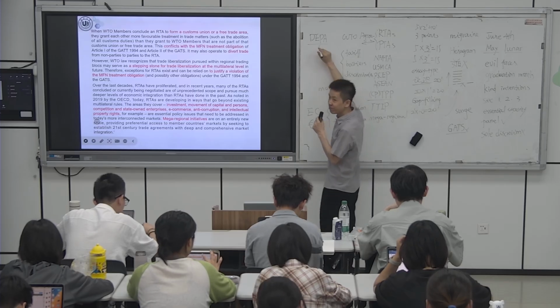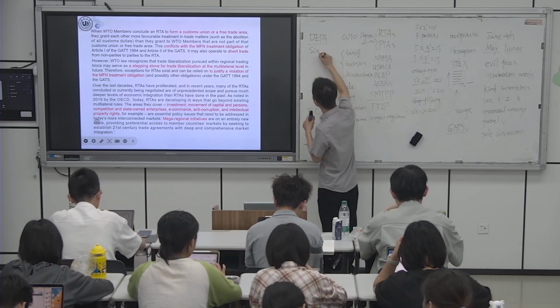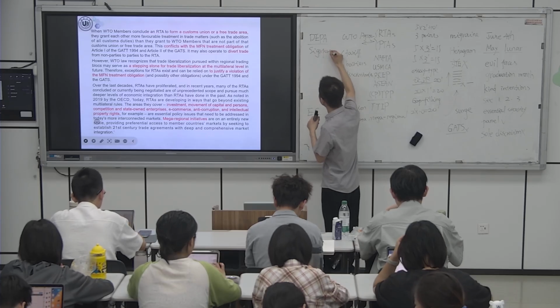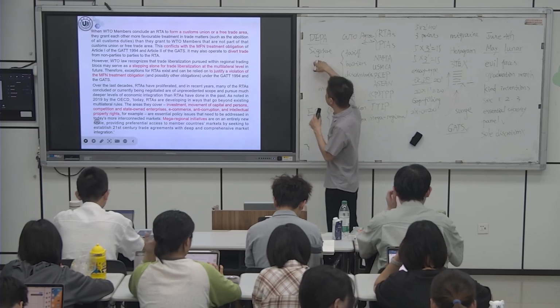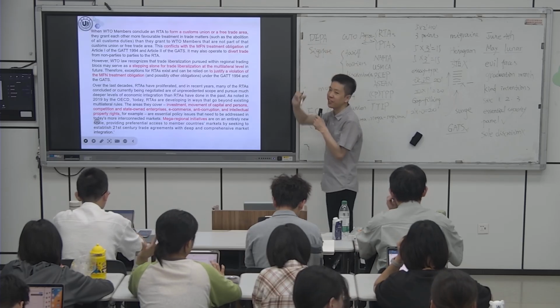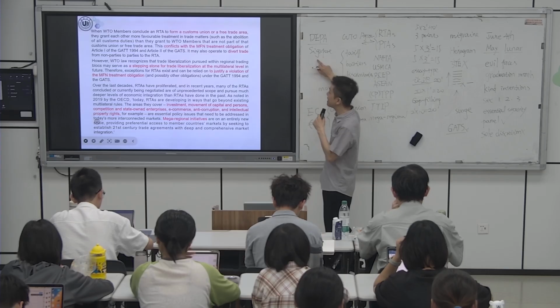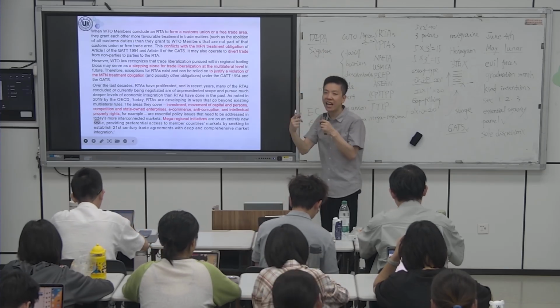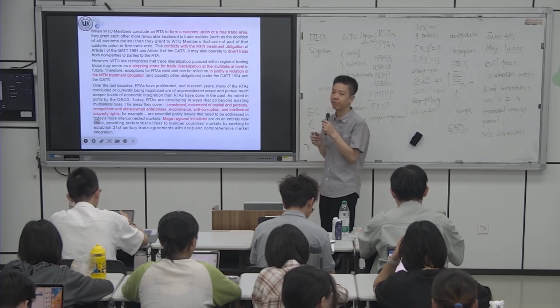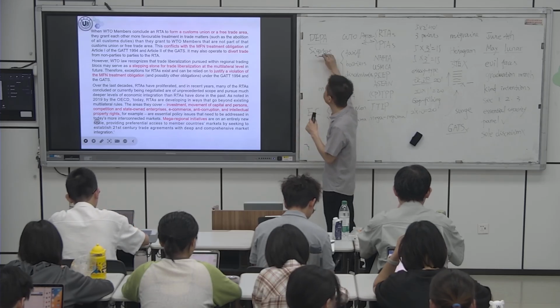Singapore. Singapore is a developed country, and in digital economy, it is leading the negotiation on the issue of AI, artificial intelligence, and the digital economy.